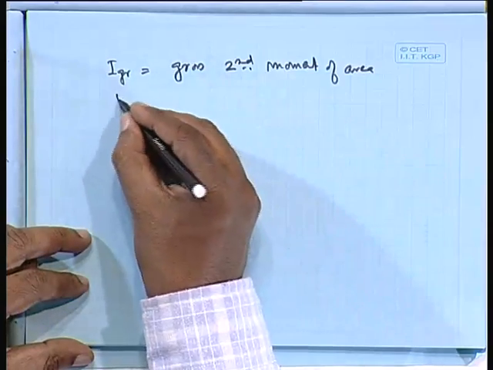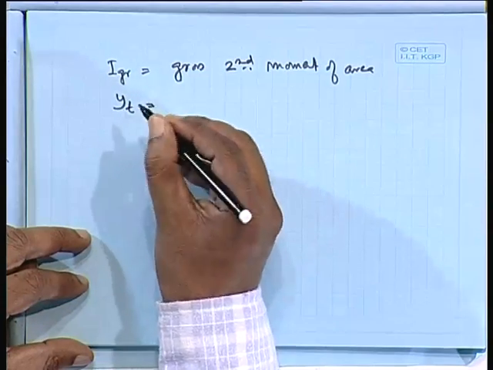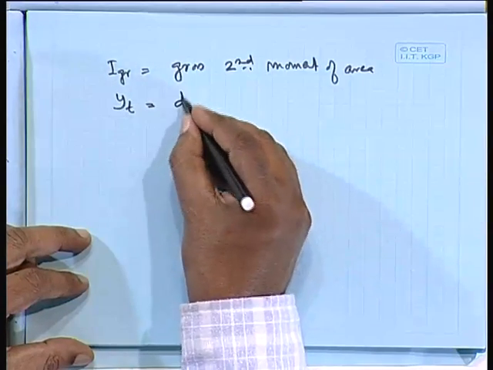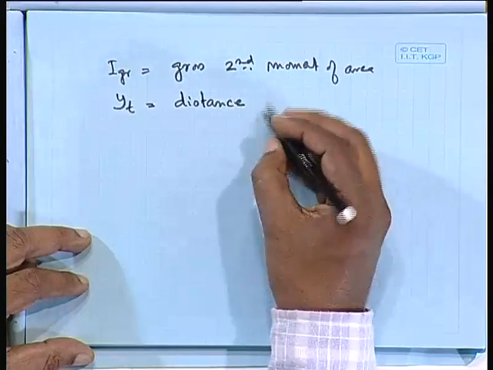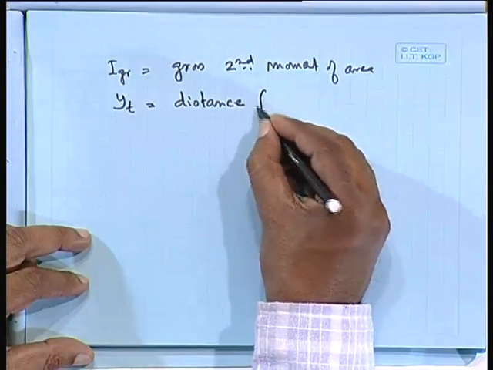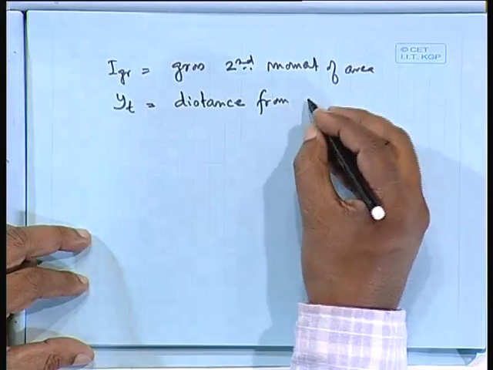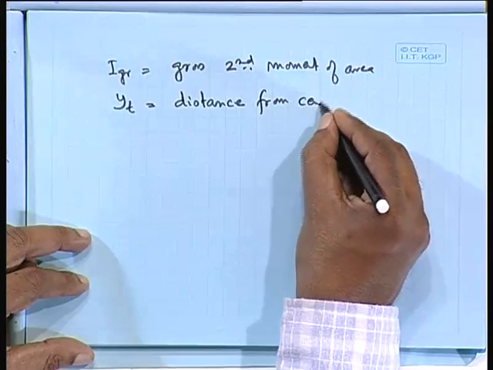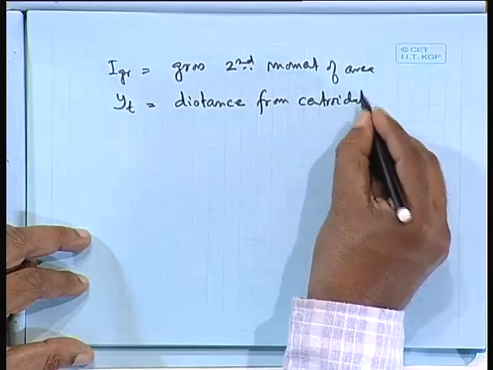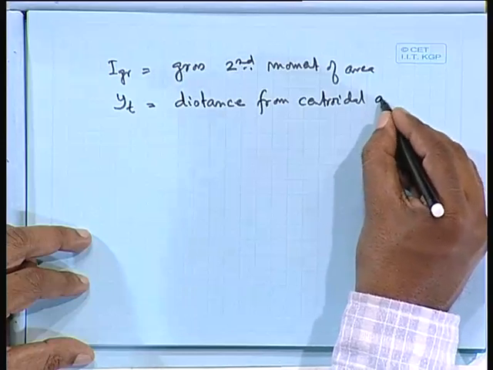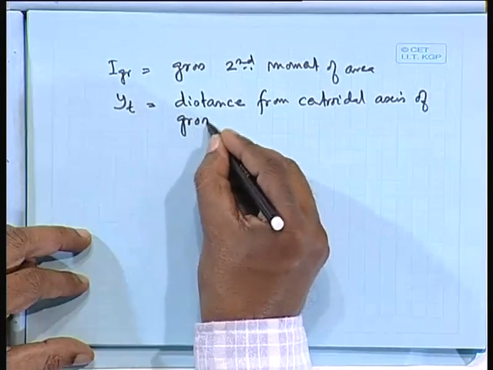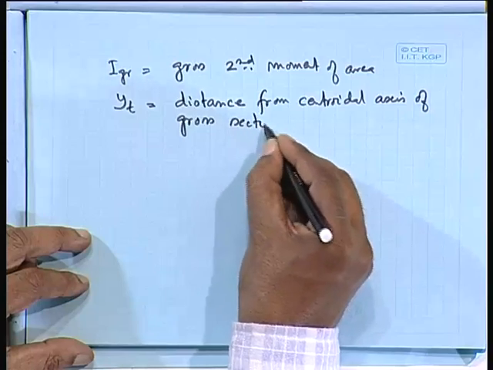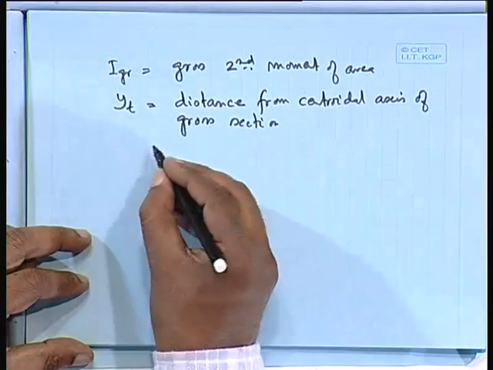And YT, distance from the centroidal axis of the gross section, and here we shall take it in the tensile zone.